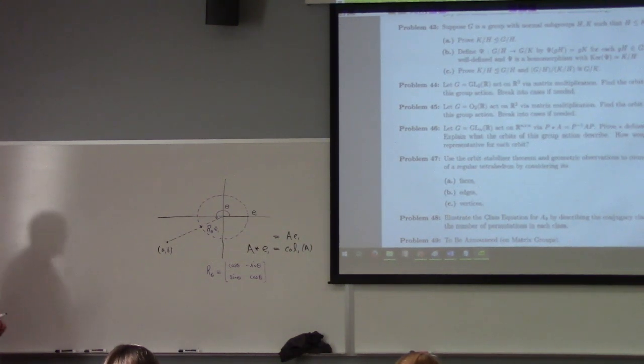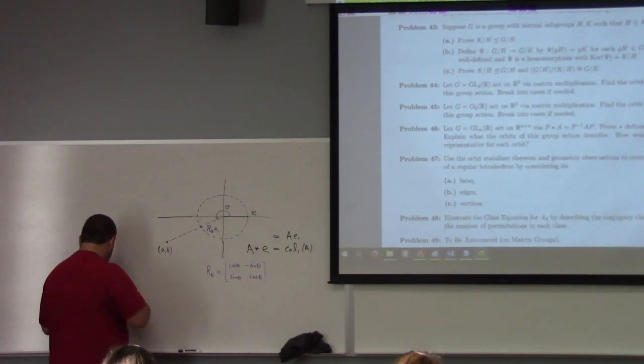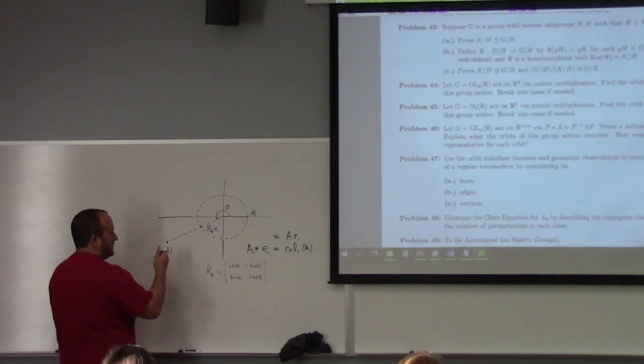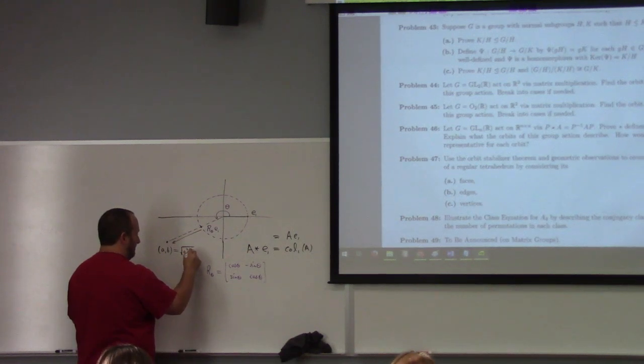And then what I do is I move this point R_theta E1 out to here by a dilation. I'm going to multiply by the square root of a squared plus b squared times this R_theta E1.